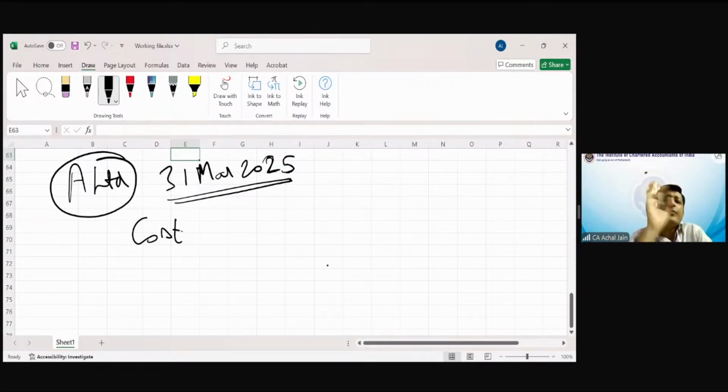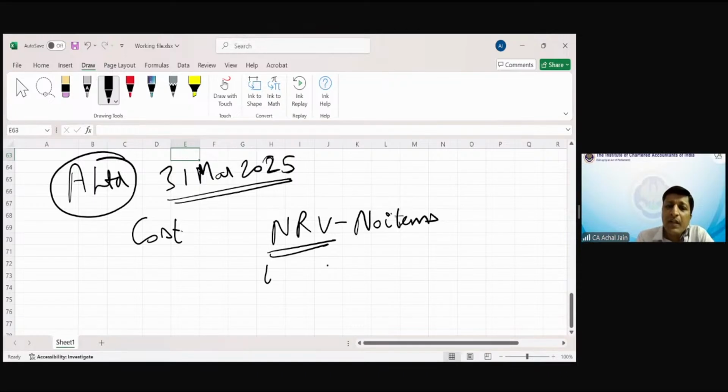None of the item is recorded at NRV. So when the auditor asked for the NRV workings, management is saying that NRV workings are not there. Why? Because everything is measured at cost. So in such a case, what will you do as an auditor? How will you deal with this situation as an auditor? Quickly, any thoughts?